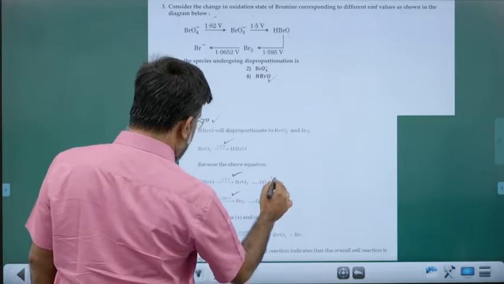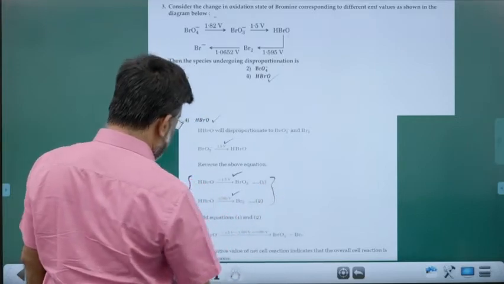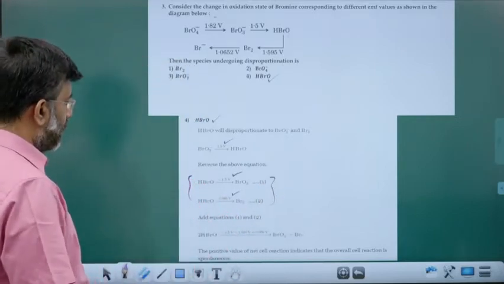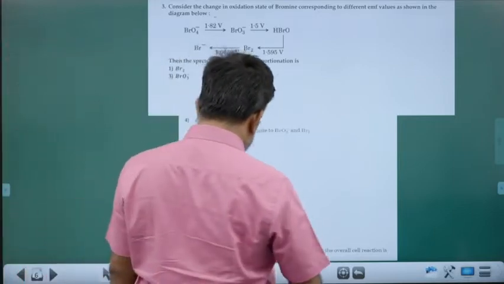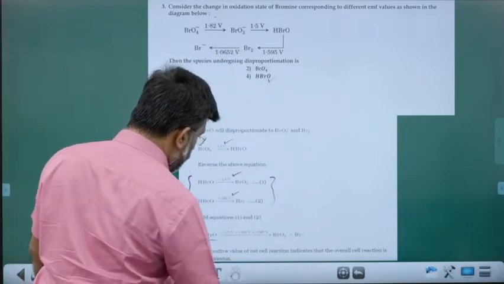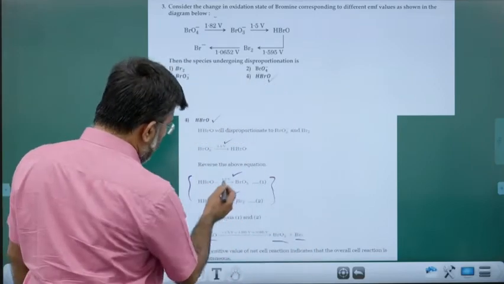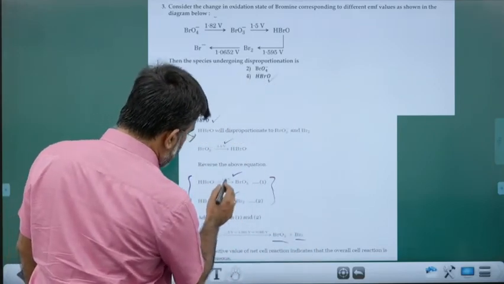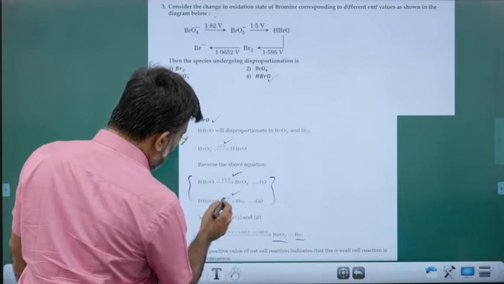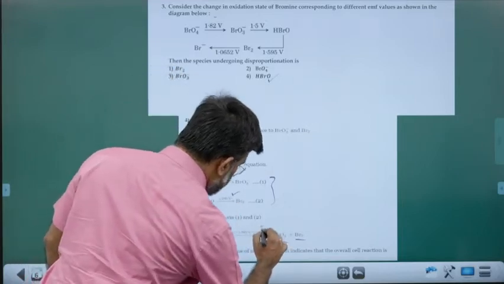Upon adding these two, that is the disproportionation. 2HBrO giving BrO3 minus and Br2. Now upon adding the two potentials, minus 1.5 and plus 1.595, you will get a positive potential.